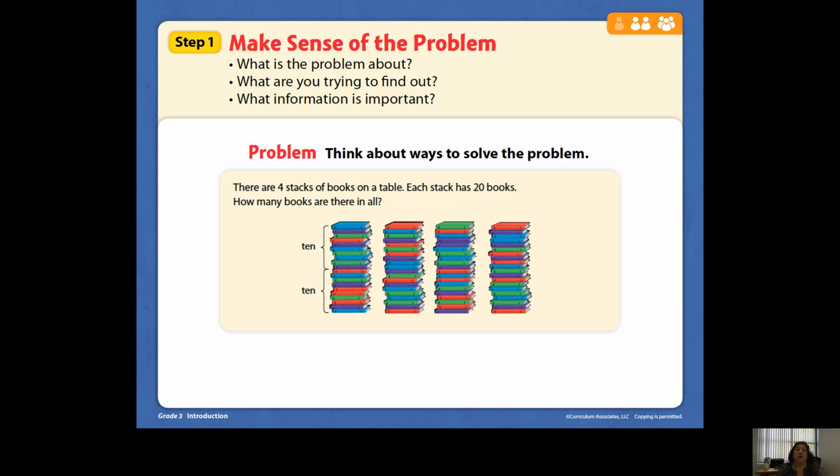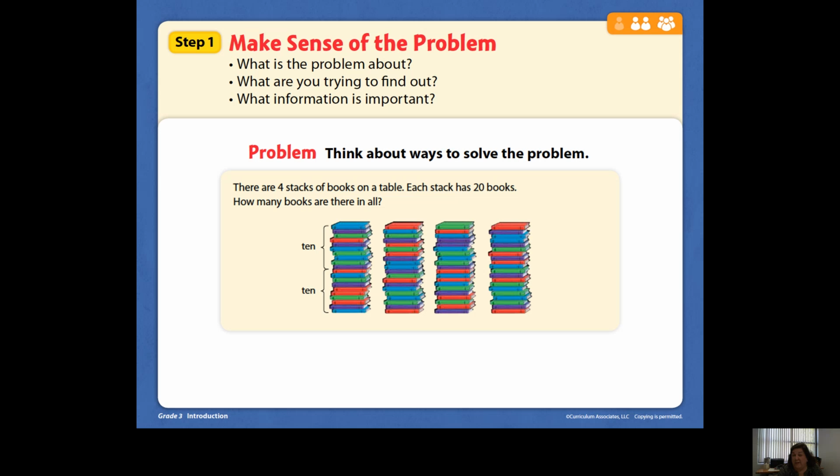So we're looking for a total number, not a piece of or a part of, but a total amount. And then we have to look at what information is important. Well, it's definitely important to know how many stacks of books there are. That's really, really important. And then it's really important to know how many are in each stack.